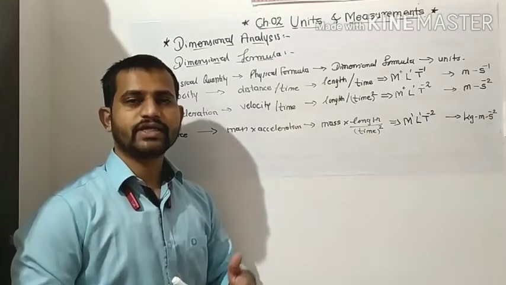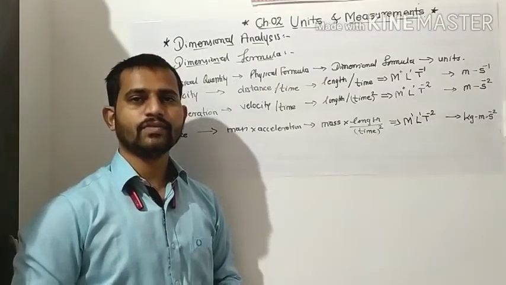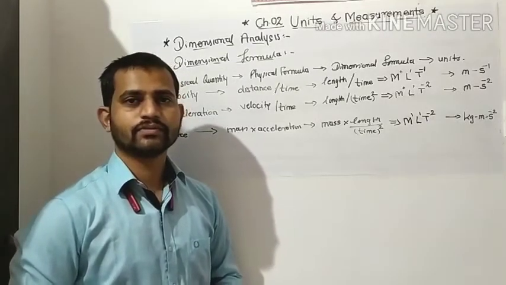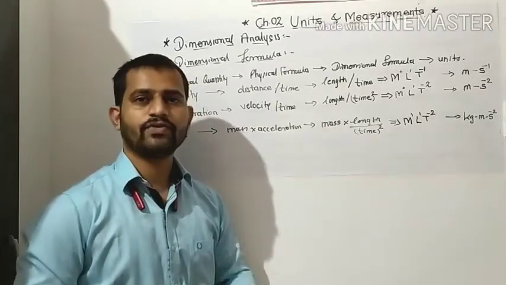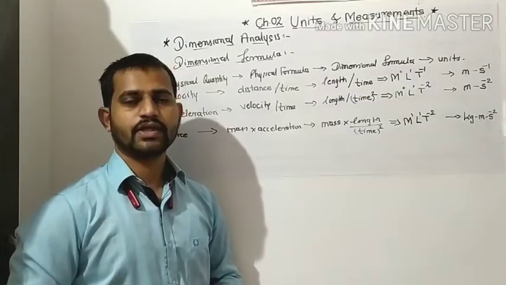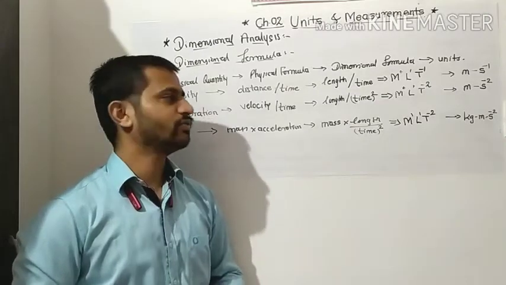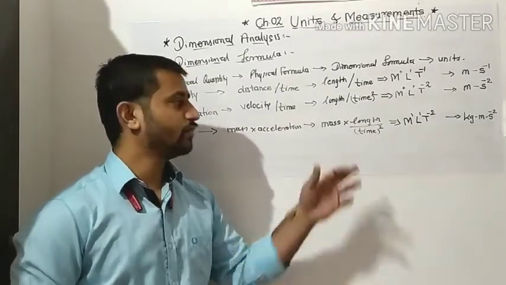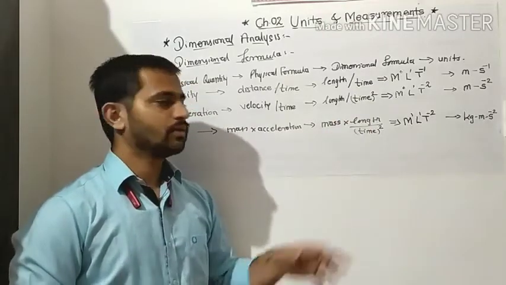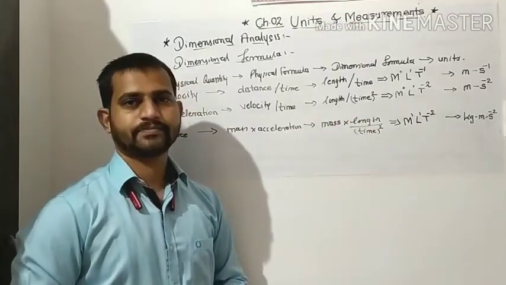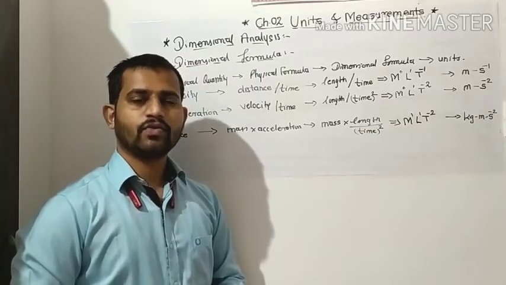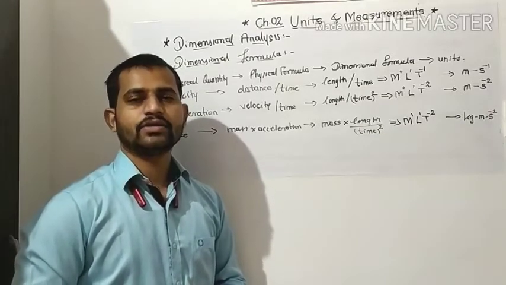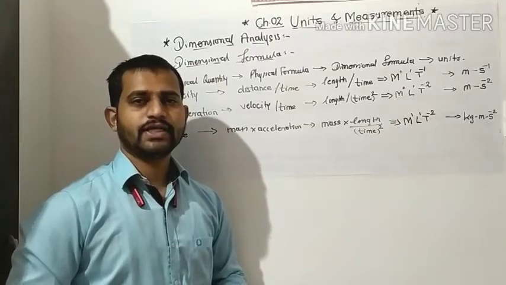Suppose we have to increase the force, then what do we have to do? From this dimensional formula, you can tell me: we have to increase the mass, we have to increase the length, but we have to reduce the time. When we reduce the time, the force increases.